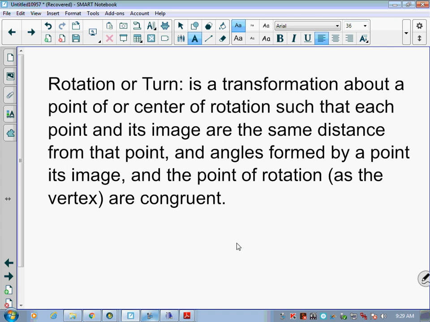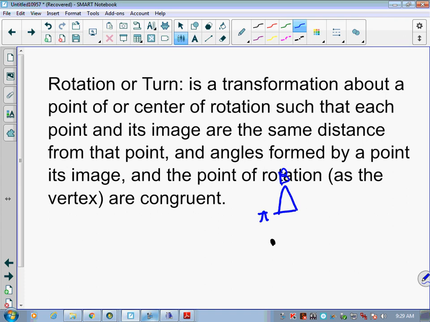All right, so let's see, I've got to find a marker here. If this is my point of rotation, and I have triangle A, B, C, and I want to go 90 degrees around this point, I'm going to look at that slope and a distance, and then I'm going to look at the next point.